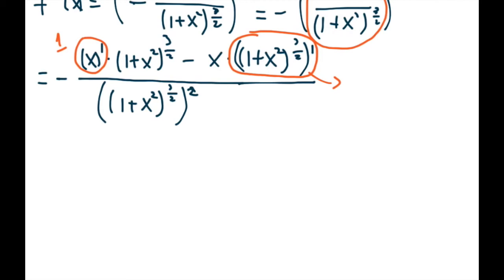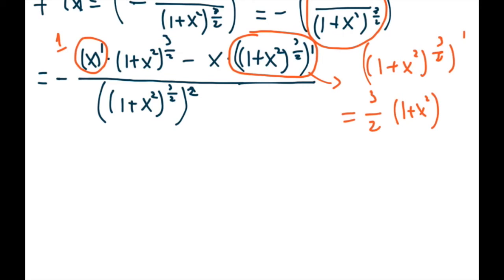So basically we want to find the derivative of this thing. So firstly, by the power rule, we're going to bring down the power. So it is 3 halves times 1 plus x squared to the power of 3 halves minus 1, that is 1 half.